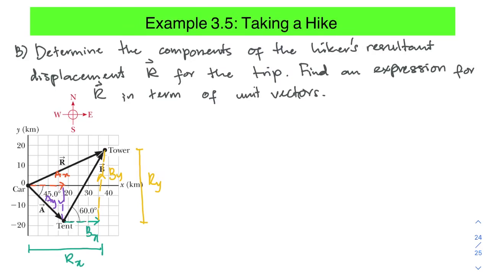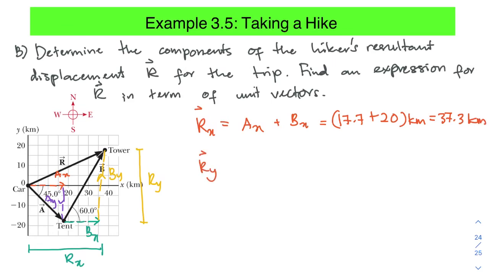So now RX is AX plus BX, which is equivalent to our answer just now, 17.7 plus 20 kilometer, which gives you 37.3 kilometers.